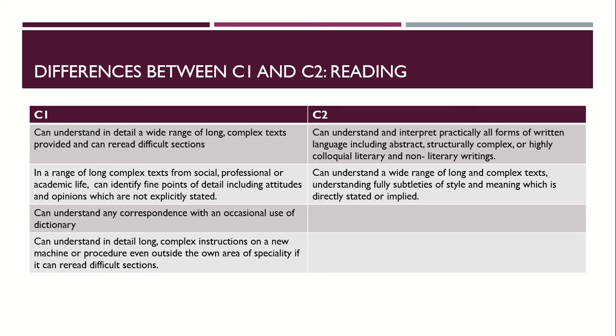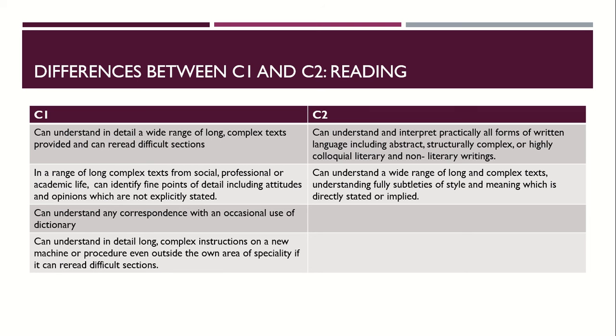Can understand any correspondence with an occasional use of a dictionary. Can understand in detail long complex instructions on a new machine or procedure, even outside their own area of specialty if they can reread difficult sections.